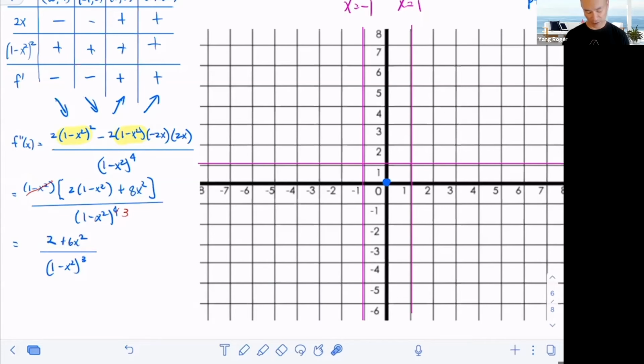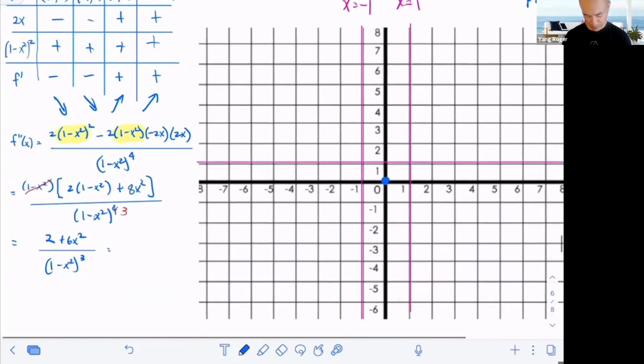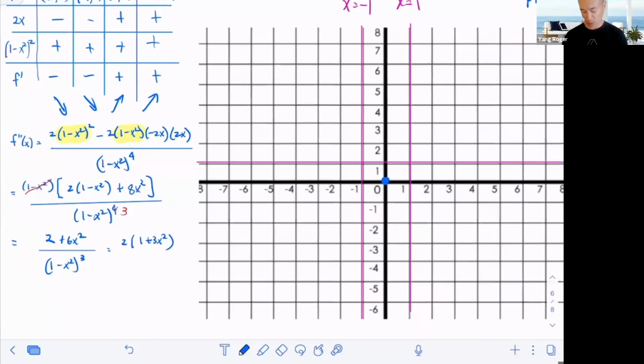You could try to factor it. If you try to factor it, you could pull out a 2, and you get 1 plus 3x squared, right? But it's never going to be 0. Why? Because when you look at that, it's like an x squared graph, then you do a vertical stretch, and then you shift it up by 1. So it's shifted away from the x-axis. It's never going to cross the x-axis, so it's never going to be 0. So that numerator is just never 0.